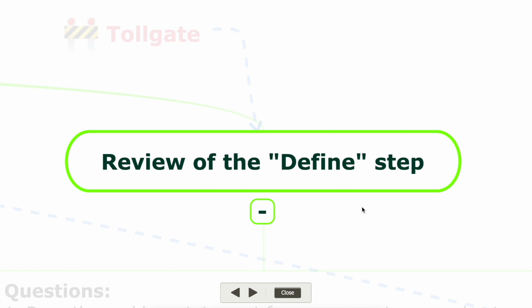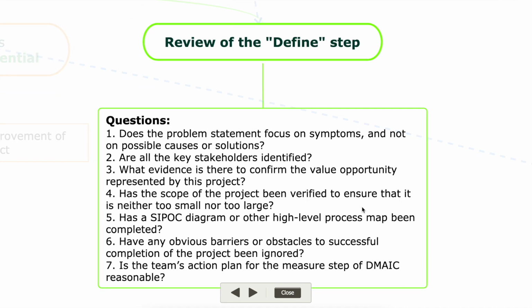Okay, so it will be evaluated on the basis of these questions: does the problem statement focus on symptoms and not on the problem causes or solutions, and are all the key stakeholders identified in the document? What evidence is there to confirm the value opportunity represented by this project, and has the scope of this project been identified to ensure that it is neither too small nor too large?